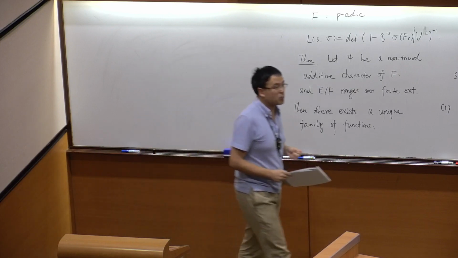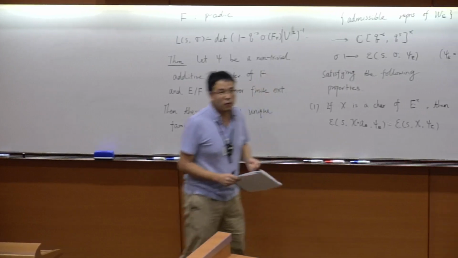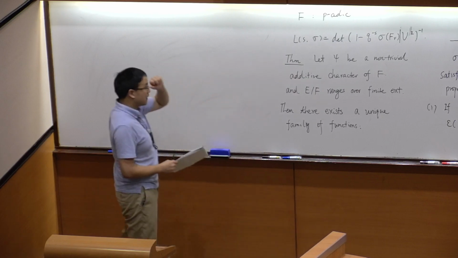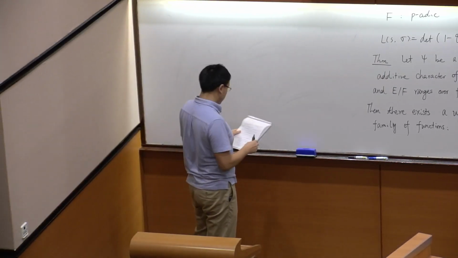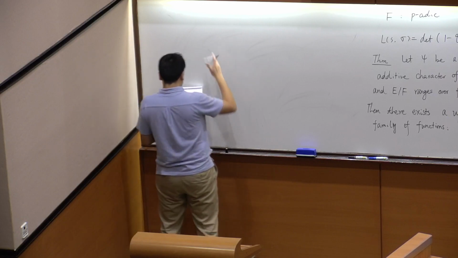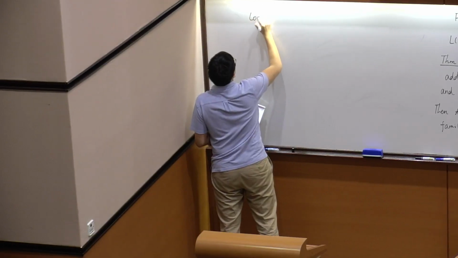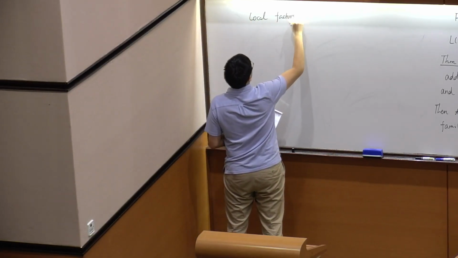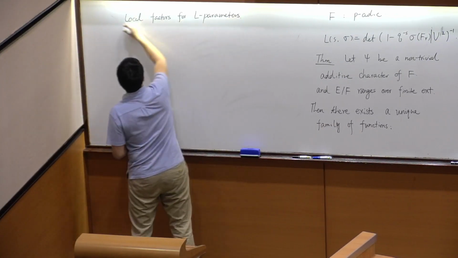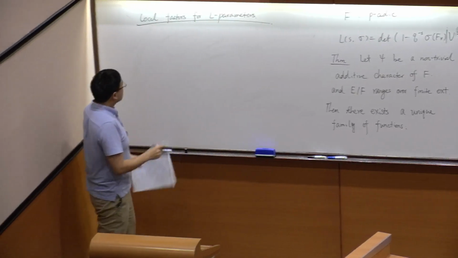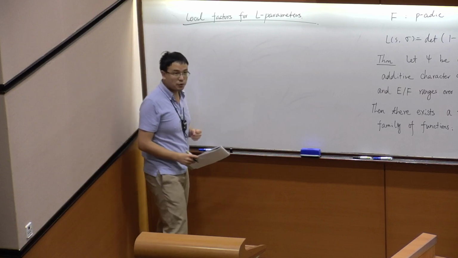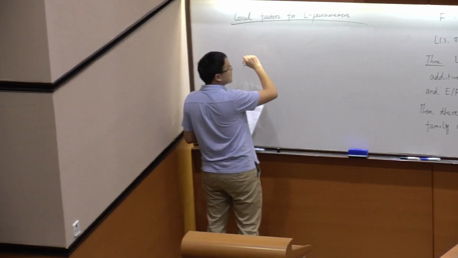And for the Weil-Deligne groups, we need the invariant associated to the SL2 part. So for the SL2 part, let's see how we define the Weil-Deligne group, the L parameters. So we still take the G to be a connected split reductive group, and we take the G check to be the complex dual.